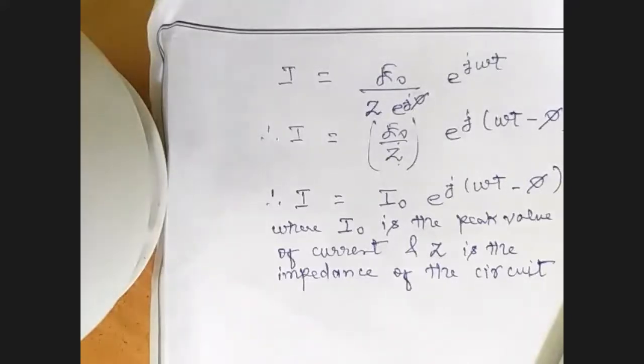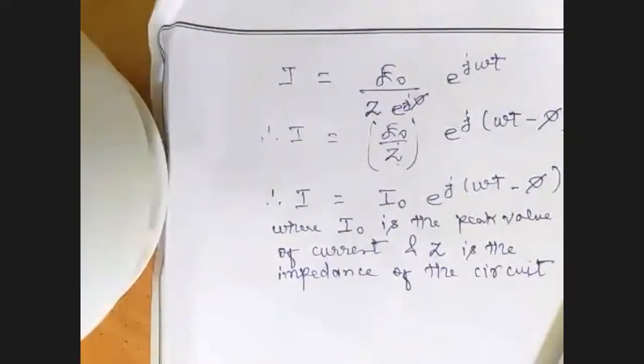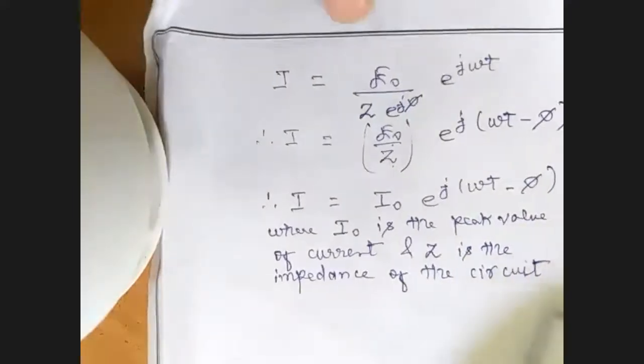So we'll see the conditions under which phi will be positive, negative or zero. And one more thing, the effective resistance of the circuit is decided by the value of Z, which is nothing but the impedance of the circuit.